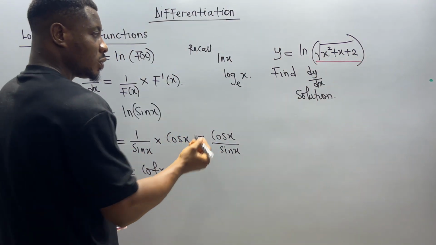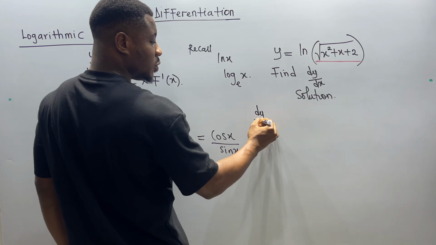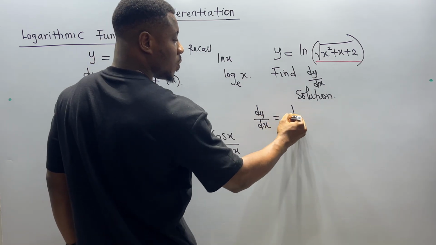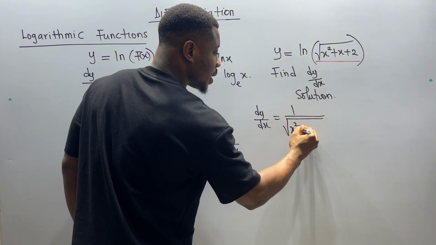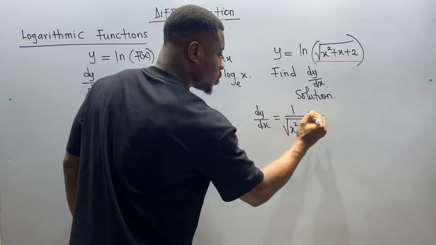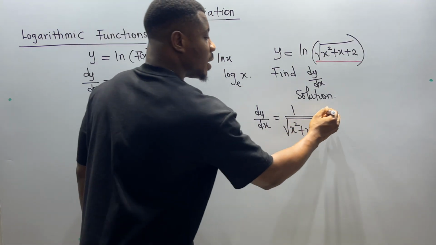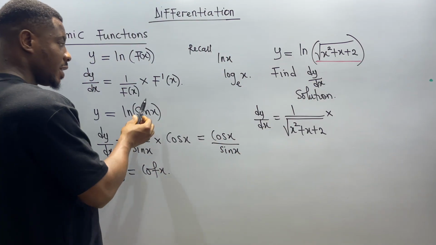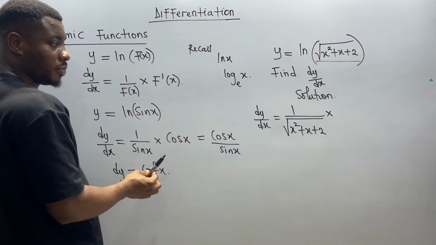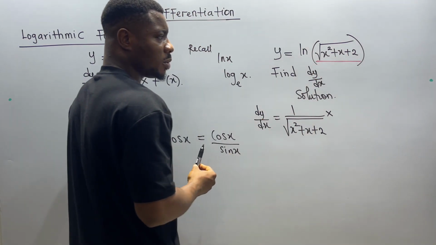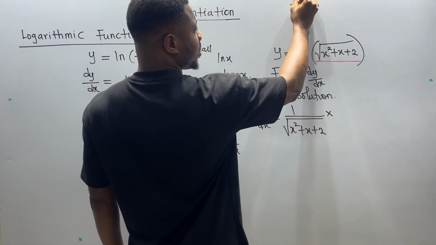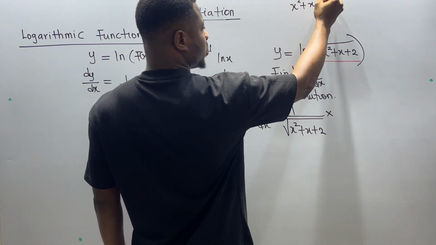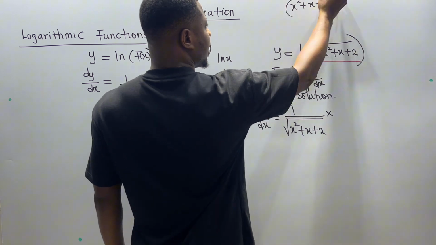So to solve for dy over dx, I'm going to do 1 over the function, x squared plus x plus 2, then multiplied by the derivative of the function. What becomes the derivative of the function? What we have here is like saying we have x squared plus x plus 2 to the power of half.